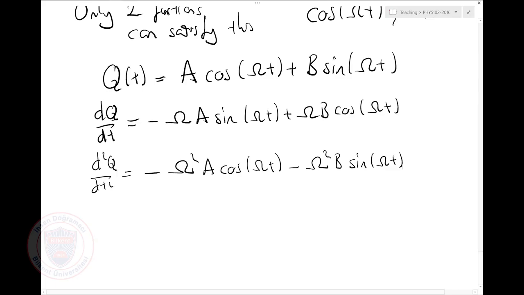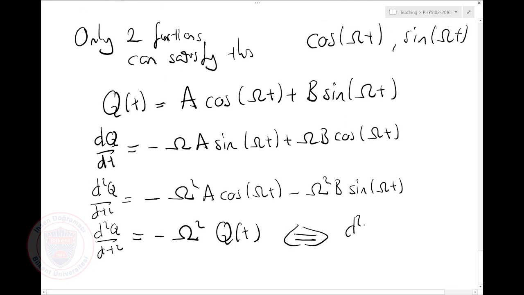Or if I write it in terms of the first equation, minus omega squared times Q of t. Hey, this is exactly the equation I want to solve. Compare it with the equation I want to solve.